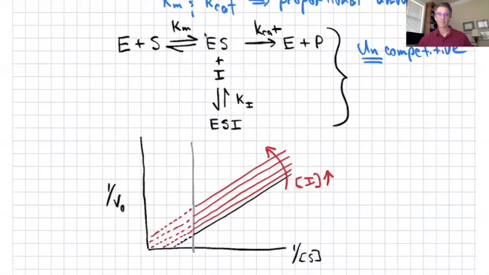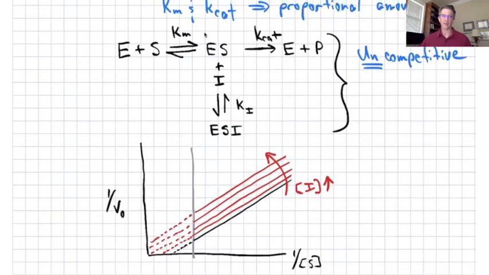Okay, so what I was drawing out before my screen share decided to stop working is the fact that in the presence of a truly uncompetitive inhibitor that, again, only recognizes or specifically recognizes the Michaelis complex, you get this family of curves in a double reciprocal plot that are parallel lines, right?